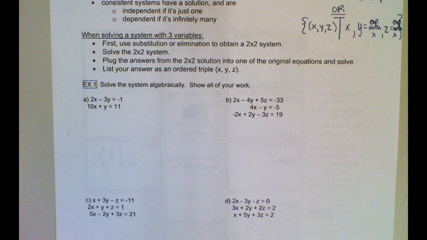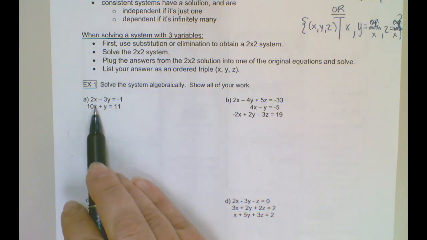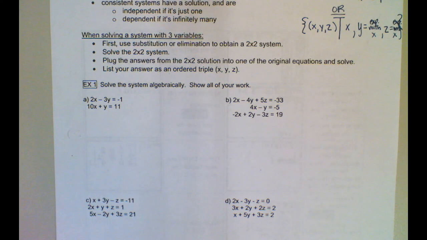Typically, there is a best choice. That doesn't mean it's a right choice and a wrong choice. I can solve for any of those 4 variables, and as long as I do the algebra correctly, I should get the right answer.